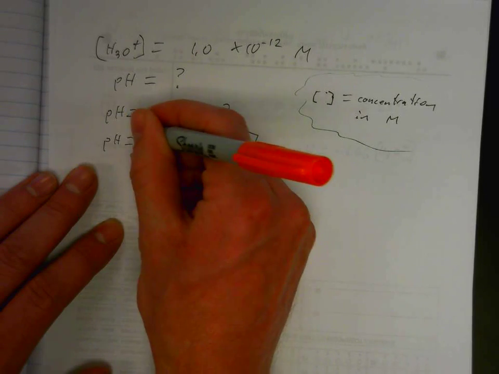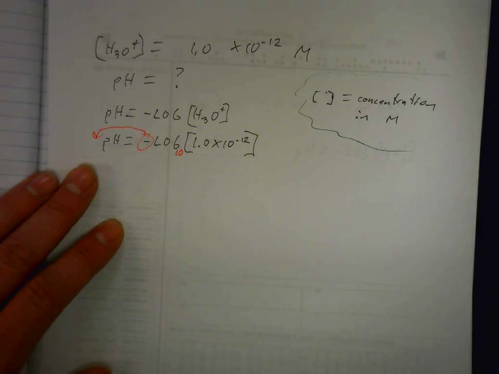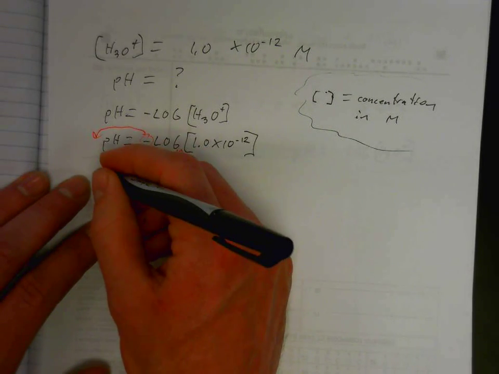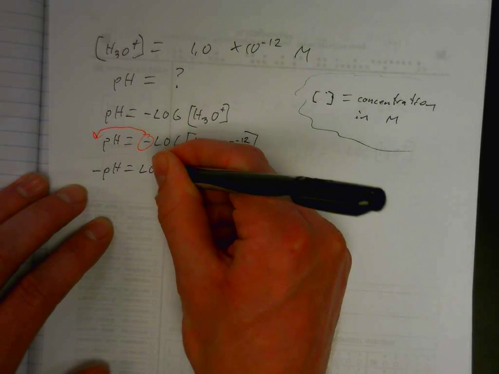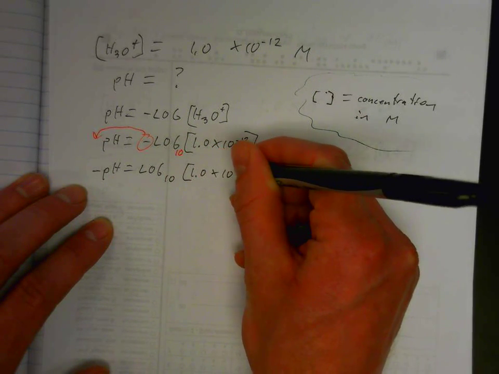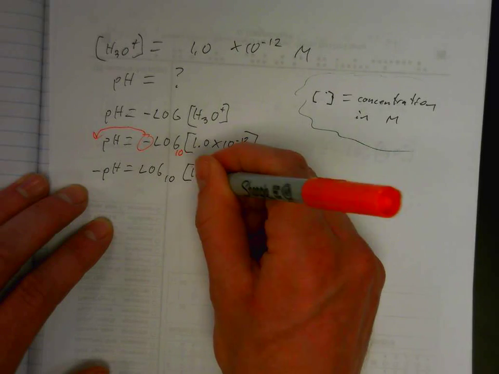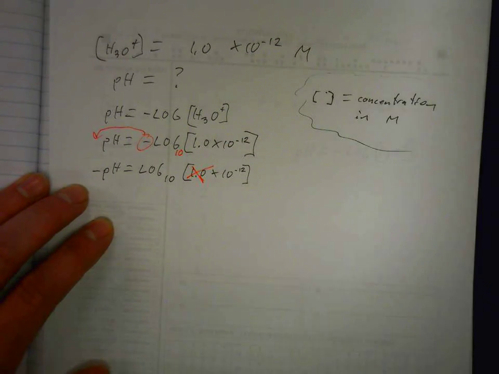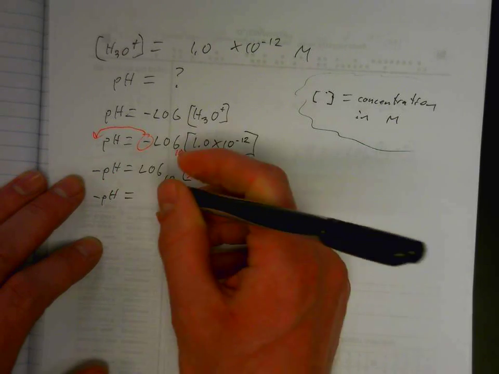So we have this expression: the negative pH is the log base 10 of 1.0 times 10 to the negative 12. Now, we saw earlier that the 1 can be ignored. So we have this expression: negative pH is the log base 10 of 10 to the negative 12.